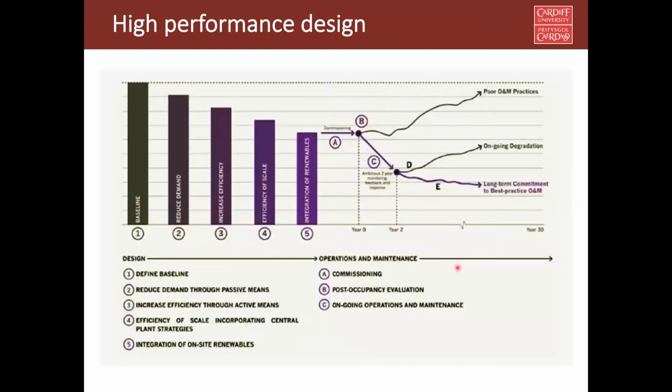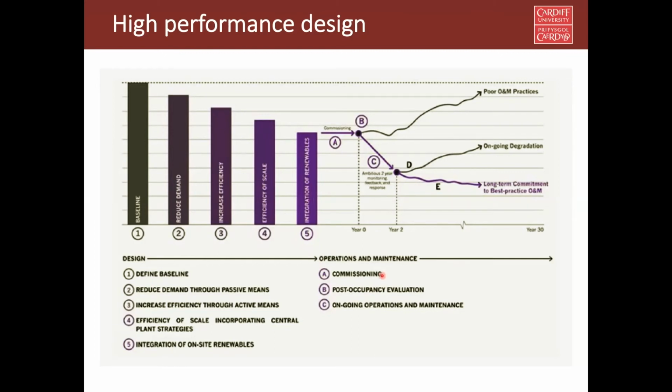And in a building sense, we have a baseline building first. After that, we reduce the demand from the baseline building. Then we increase the efficiency of the HVAC system. Then we add renewable sources. Okay, but that's not the end. After the building is constructed, we have to have commissioning to test the systems to make sure the systems work.